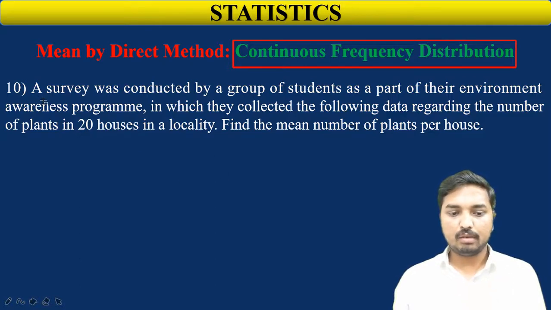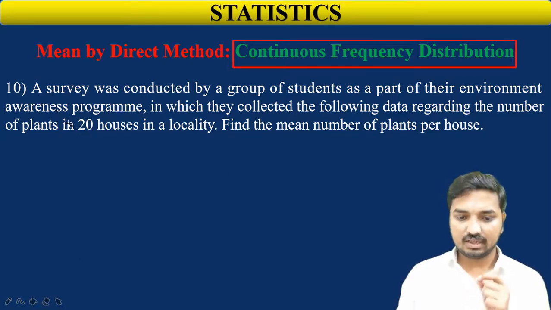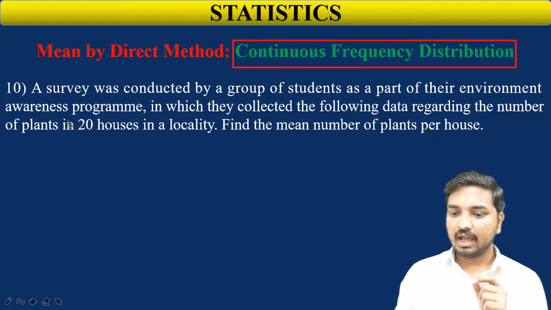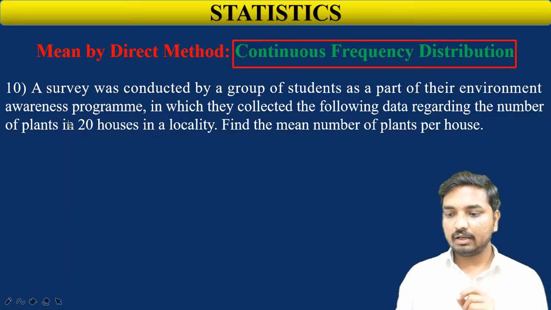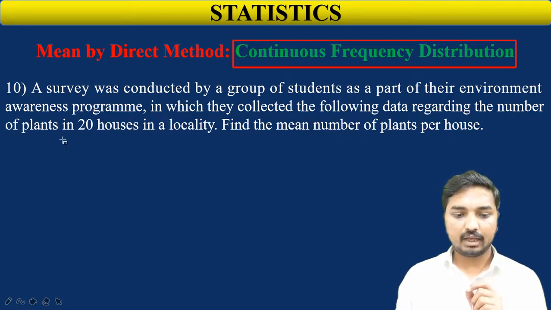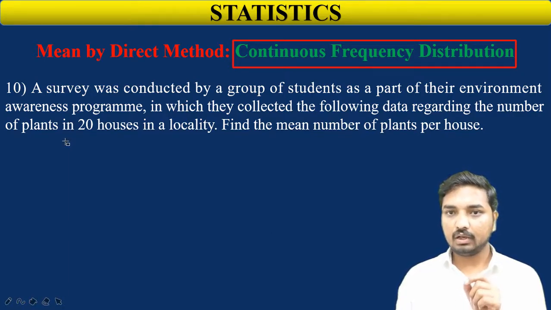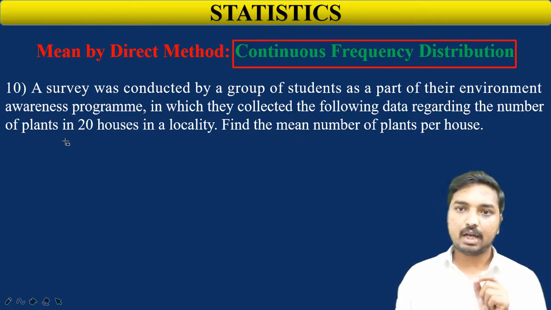The problem is like this: a survey was conducted by a group of students as a part of their environment awareness program, in which they collected the following data regarding the number of plants in 20 houses in a locality. Find the mean number of plants per house.